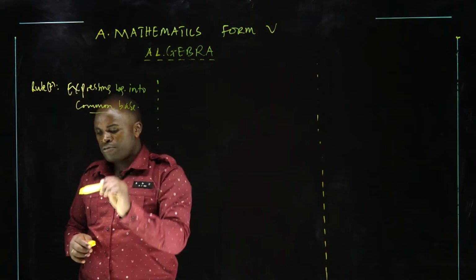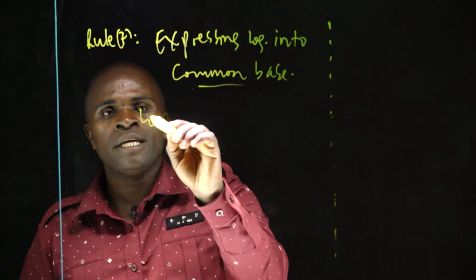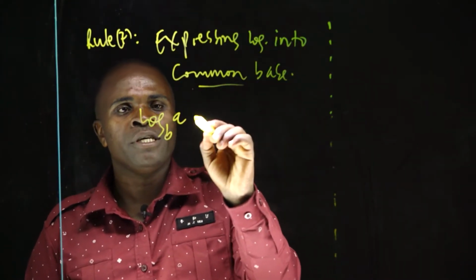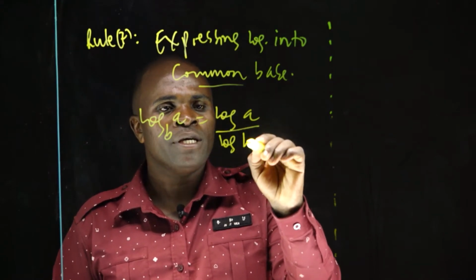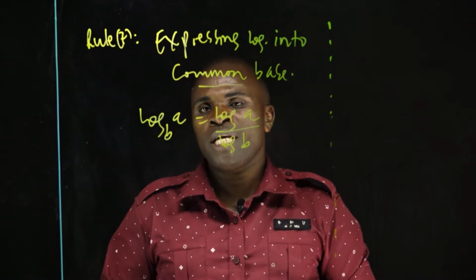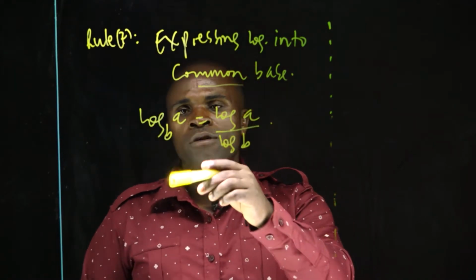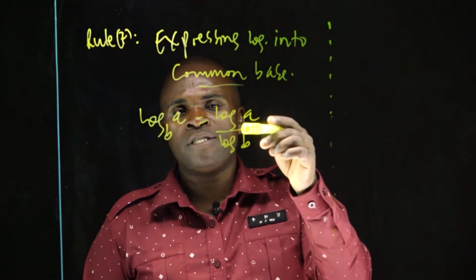When we were in Form 2, we used to treat expressions like logarithm of a base b equals logarithm of a over logarithm of b. You know the reason behind. We are expressing a logarithm into common base, and our common base here is base 10.